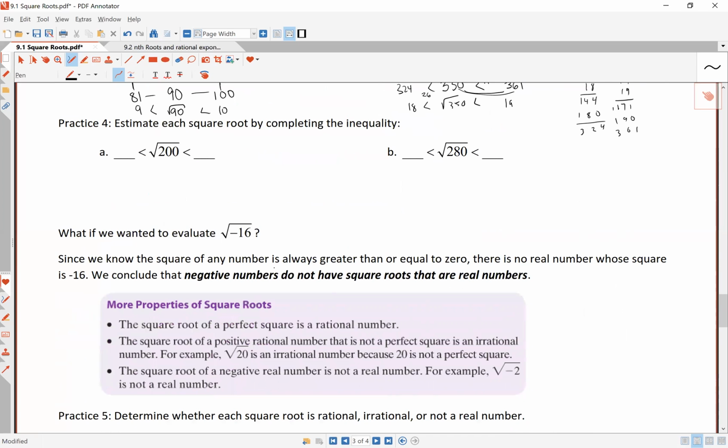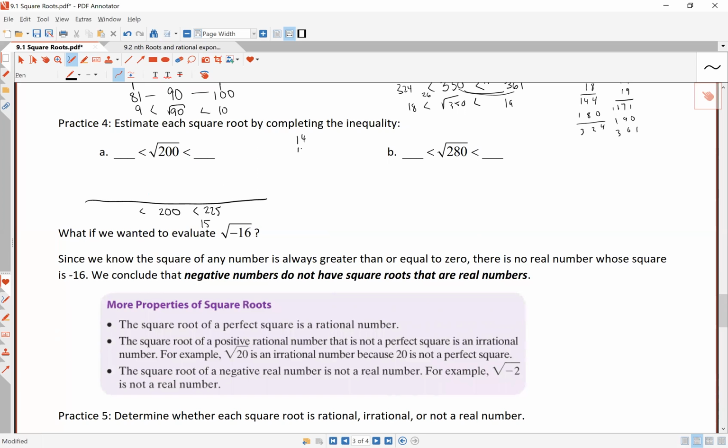Square root of 200. Now that you've had a chance to work this out, I'll show you how I would do this. 200, we know that's smaller than 225, which is 15 squared.